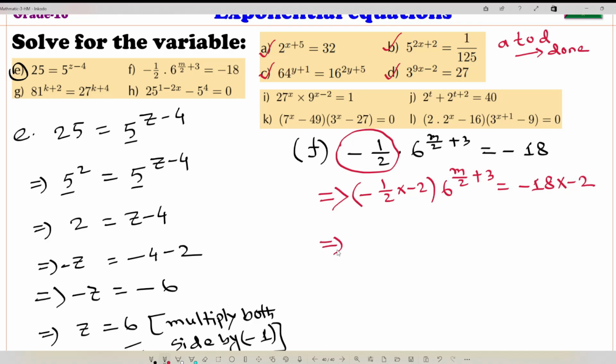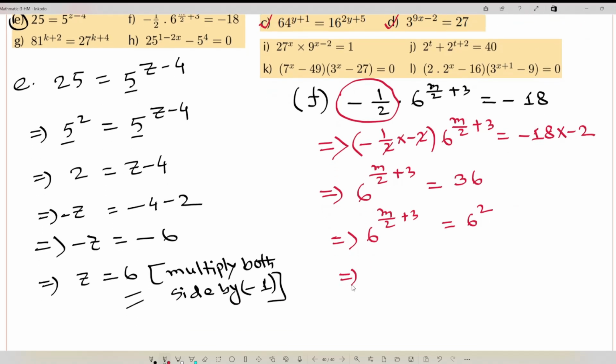Okay, then these 2 and these 2 go out, minus and minus is plus, so we can write 6 to the power m divide 2 plus 3 equals 18 times 2, which is 36. So 6 to the power m divide 2 plus 3, and here 36 we can write as 6 square. Now look, both bases are same, left side and right side, therefore we can write m divide 2 plus 3 equals 2.